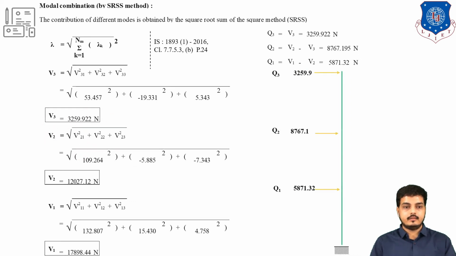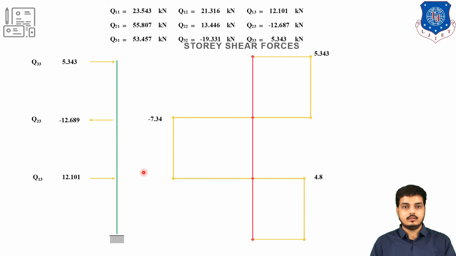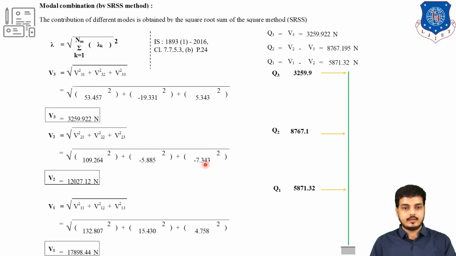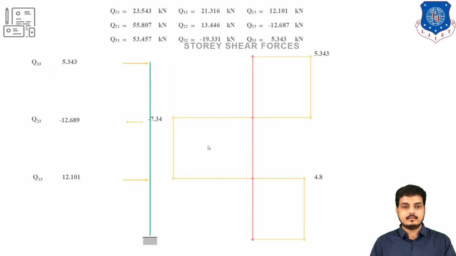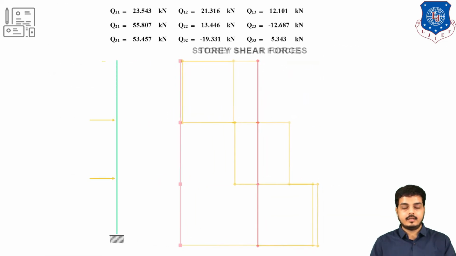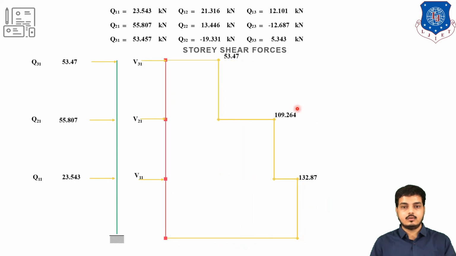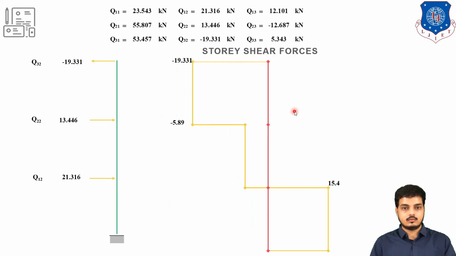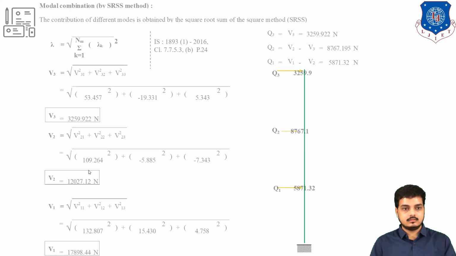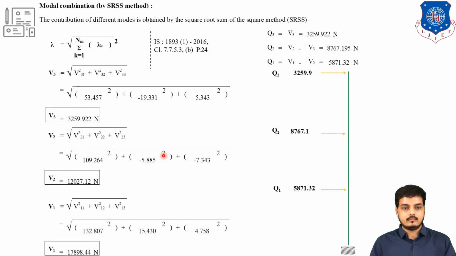Now V2 we can find out from over here. Here the first, minus 7.434, is taken from over here. Then from the second figure minus 5.89, and over here 109.26. So from the figure we are taking the values of V: 109, minus 5.8, minus 7.3. After solving it, I will be getting my V2, and similarly we can find out V1.